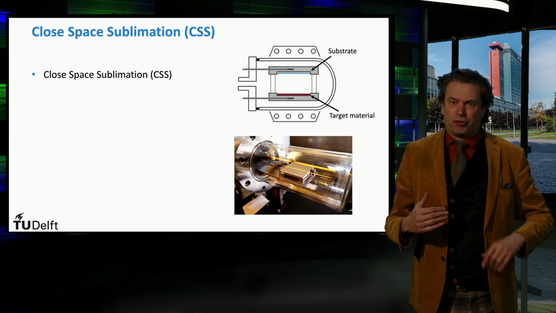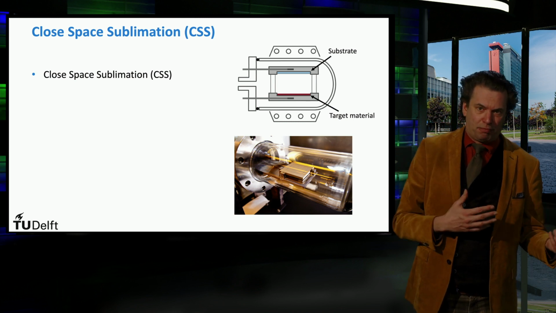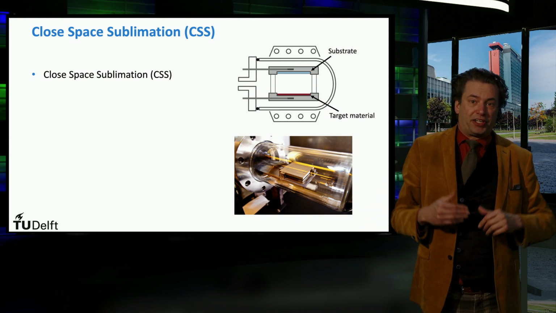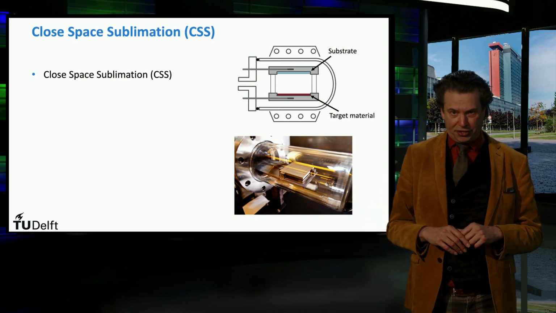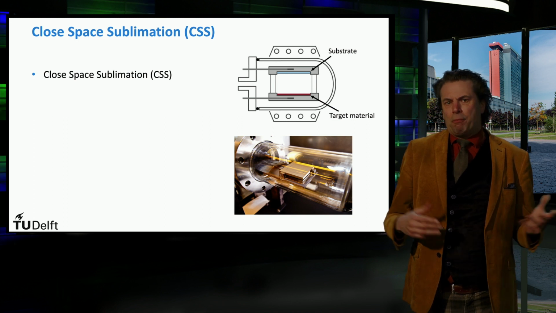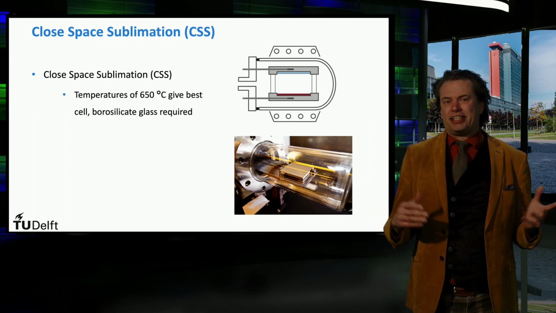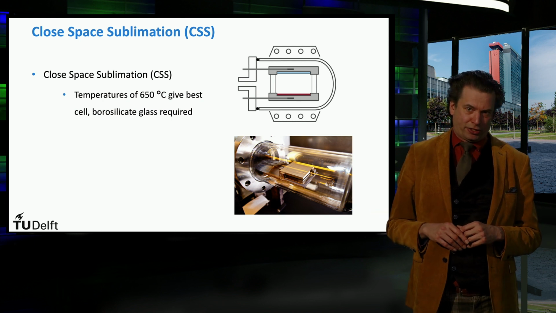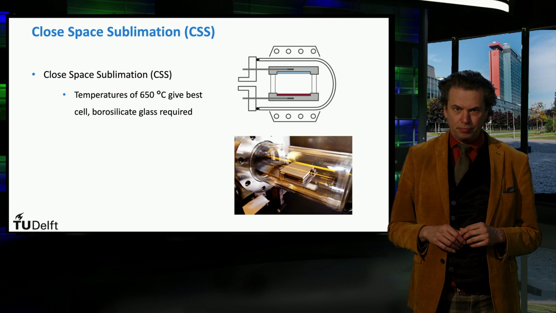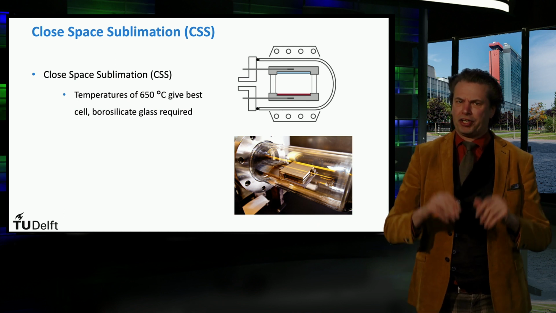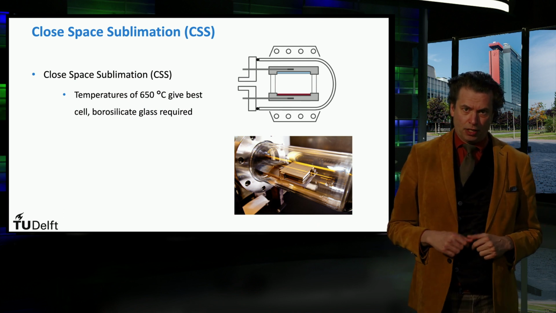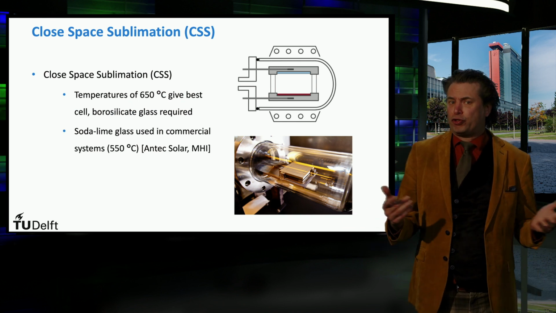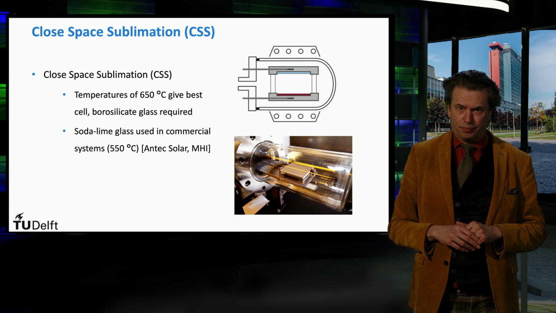Upon heating the bottom graphite electrode with the target material, it will evaporate and deposit on the substrate, which is kept at a somewhat lower temperature. Most commonly a borosilicate glass is used that can withstand the processing temperature of 650 degrees Celsius. This will result in the best quality cadmium telluride layer. The alternative is to use soda lime glass, which is also used for the CIGS solar cells.